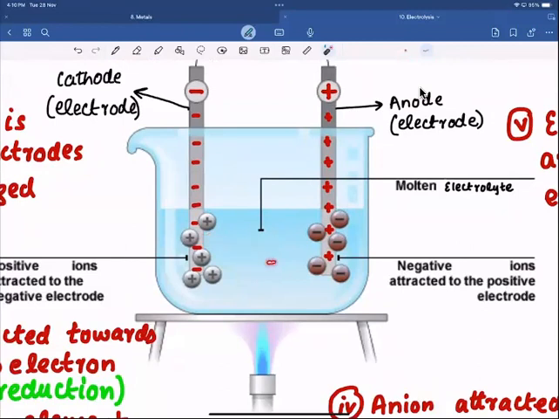And in the same way, if there is a negative ion in the electrolyte, that negative ion reaches the anode, the positively charged rod, where the negative sign states that it is electron rich. It has extra electrons, so it loses electrons, loss of electrons, and it turns into an atom. So that's what is going to happen.